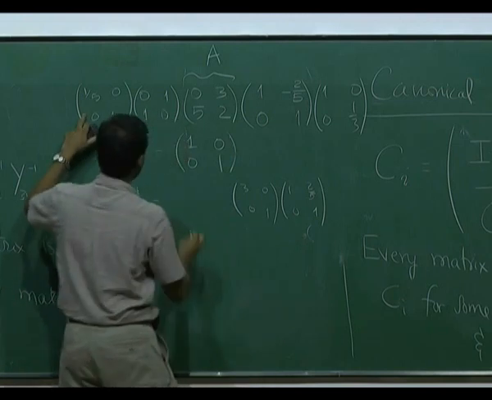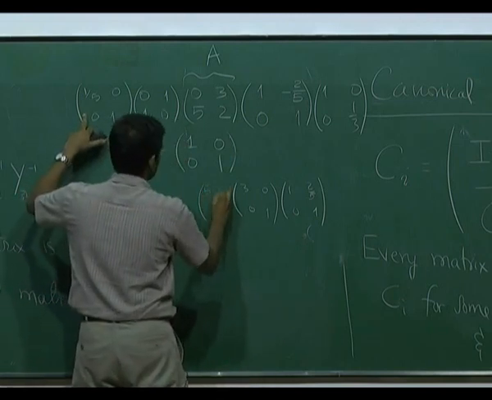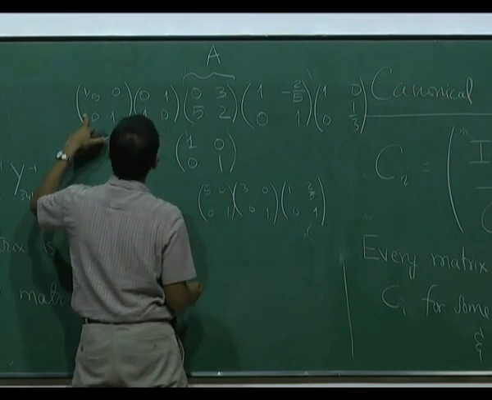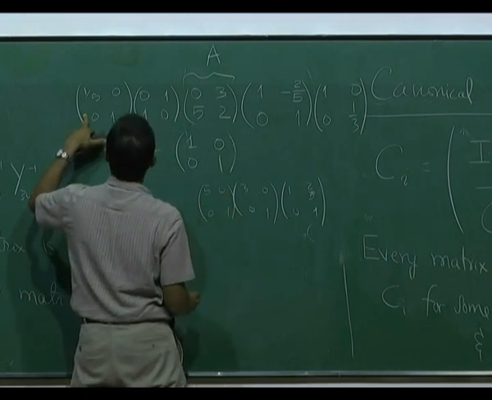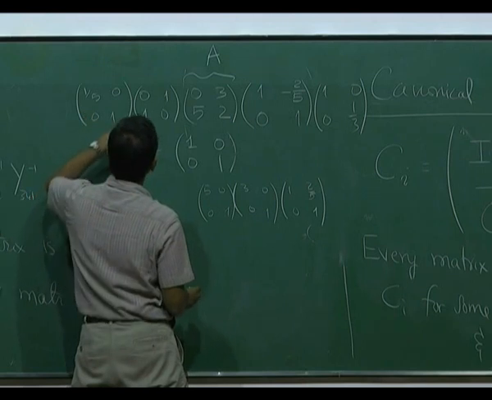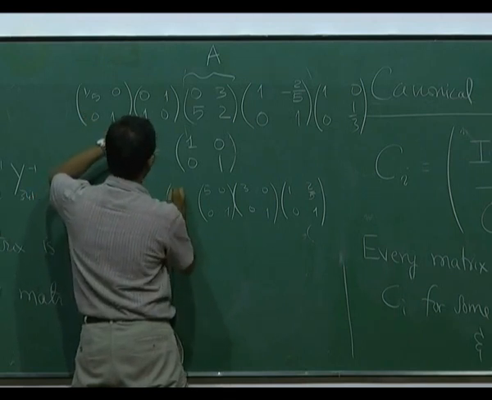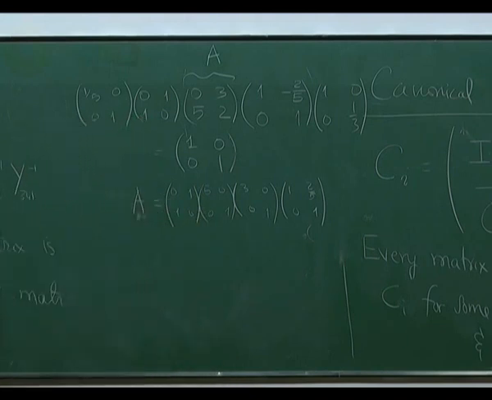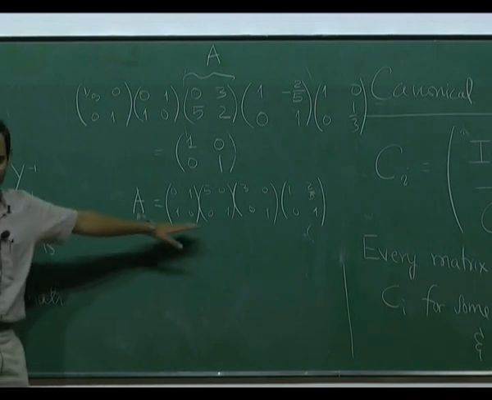And then I will write this guy's inverse 5, 0, 0, 1, and then this guy's inverse, which is itself. So, here I have been able to write A as a product of 4 invertible matrices. So, I did not have to take 25 and 342, just 4.